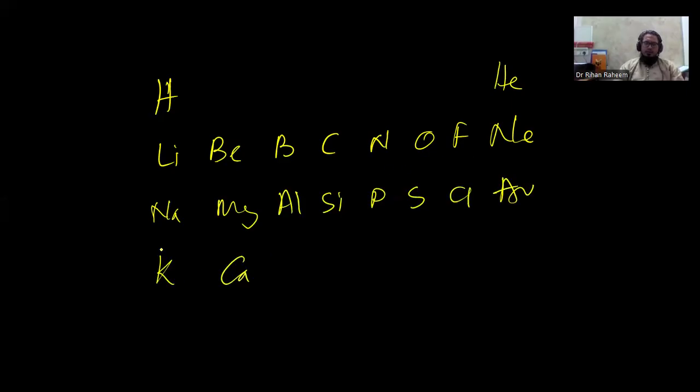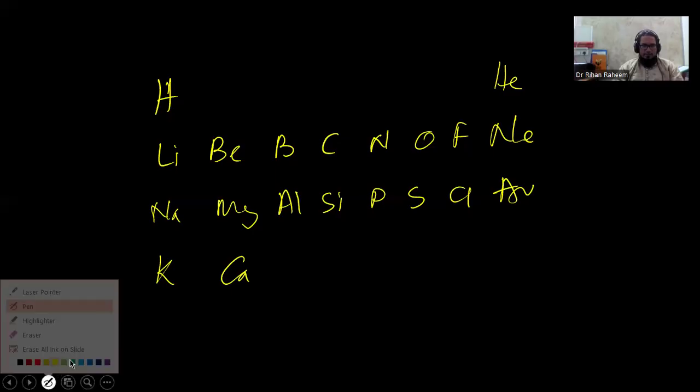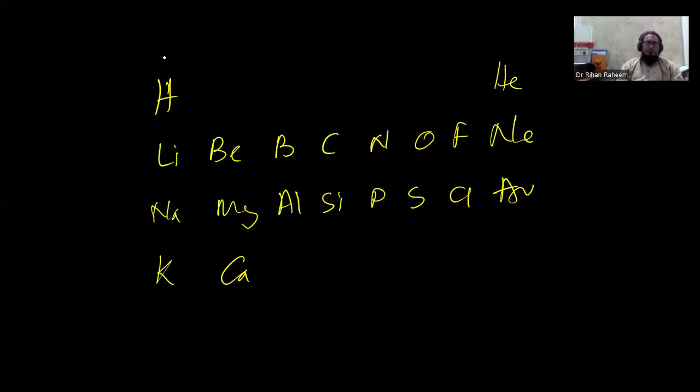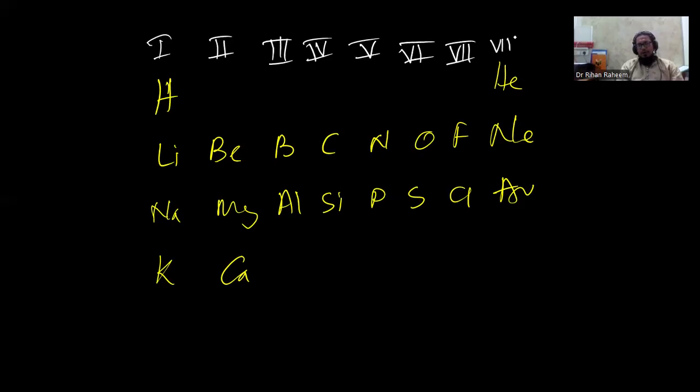You can see this black screen, right? So this is group 1, group 2, group 3, group 4, group 5, group 6, group 7, and group 8, or we call it group 0. Valency is easy. I have done the work for you. I have tried all the elements.